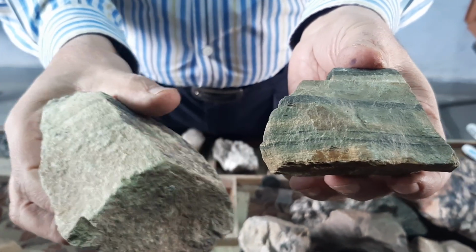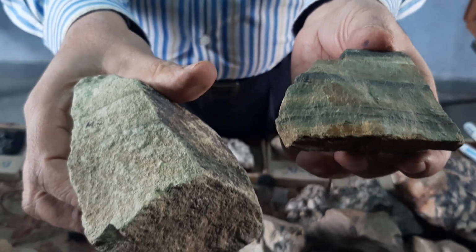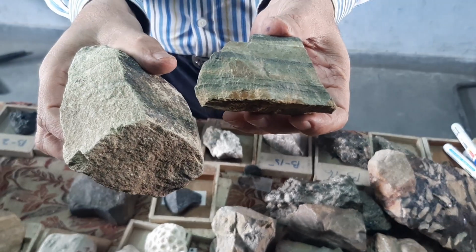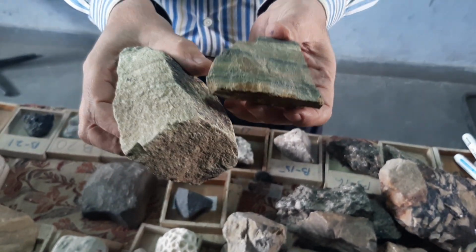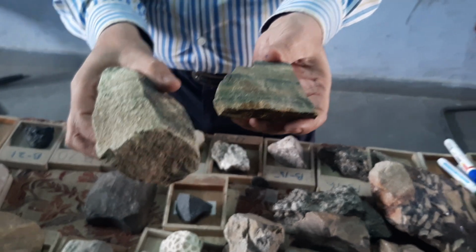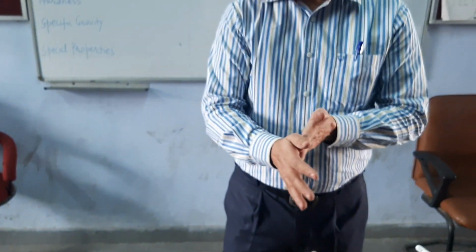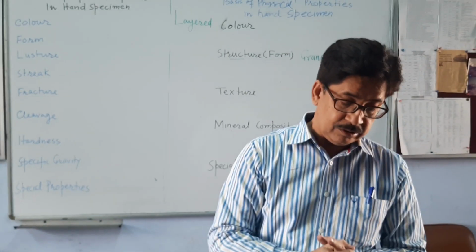So we can have an idea of the weather or climate in which a particular sediment was deposited, which has now been converted to rock. So this was some introduction to the organosedimentary rocks.